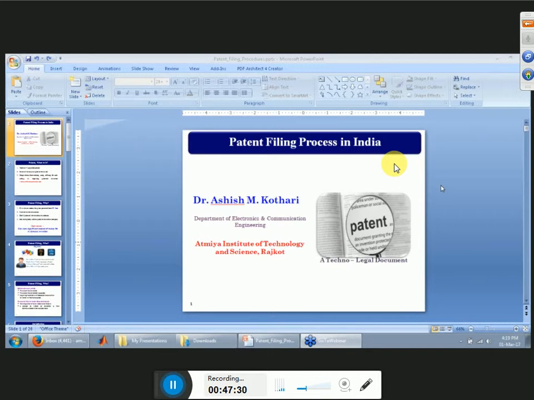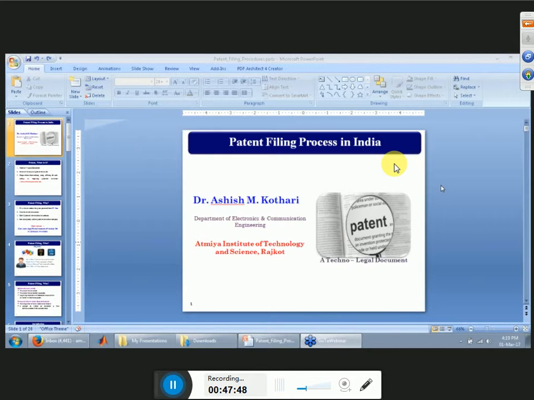Suppose you got a project from an agency. Based on the invention, can you file a patent for the invention? Yes.